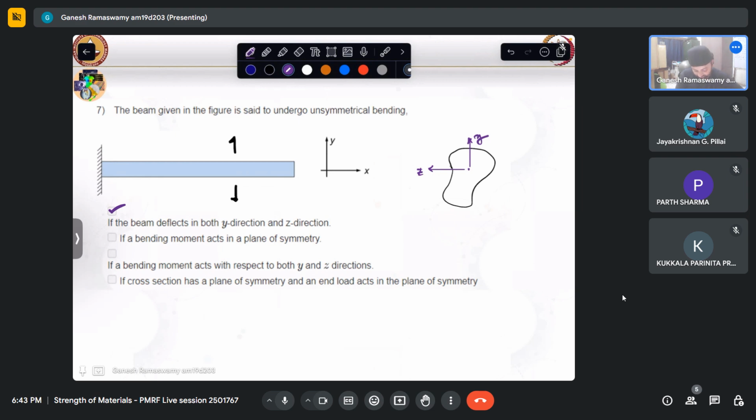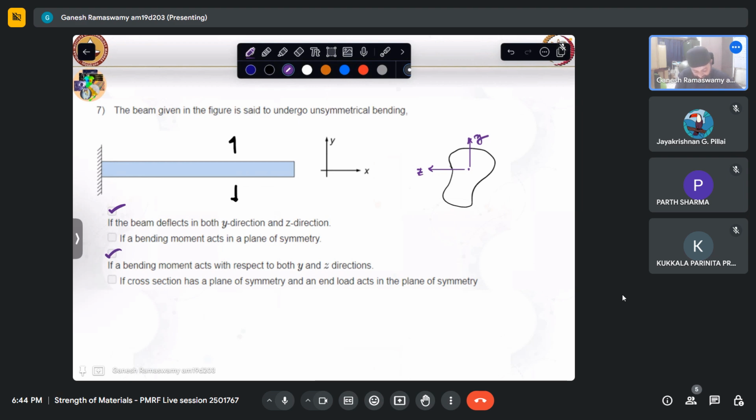So in that case, we will not have unsymmetrical bending. If the moment acts with respect to both y and z directions, naturally there will be a resultant moment which will take it out of plane. So that will also lead to unsymmetrical bending.